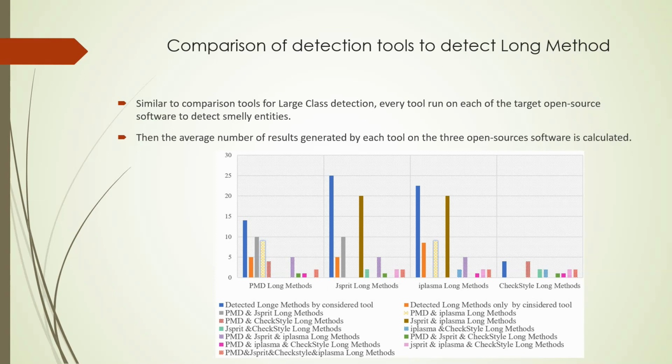In this chart, you can see four sections similar to the large class chart, and you can also compare these sections with each other. For example, you can understand JSPRIT detects more long methods than other tools.